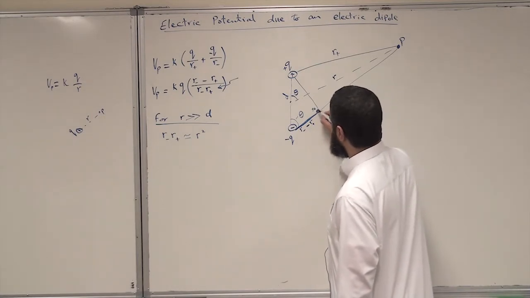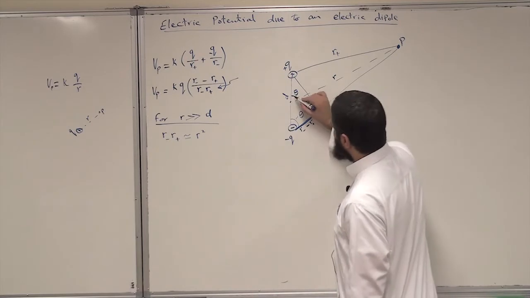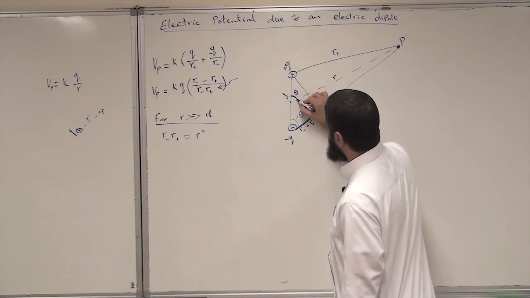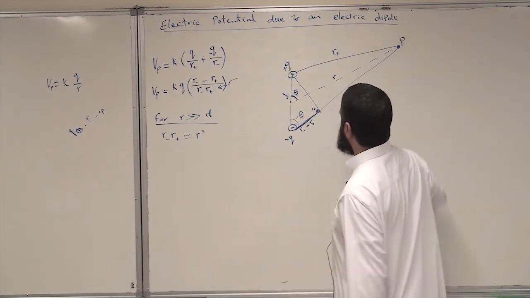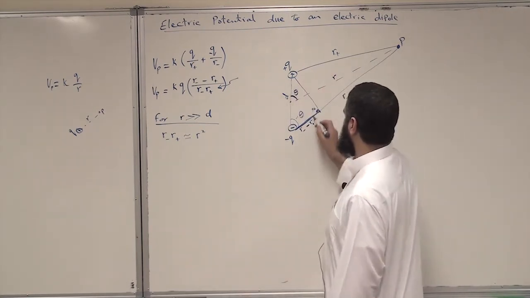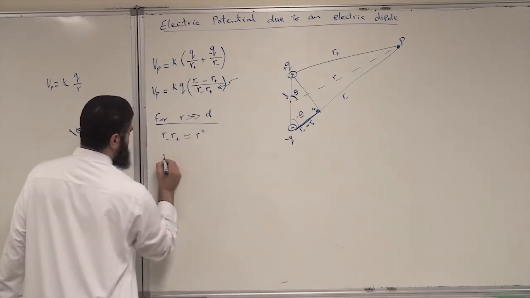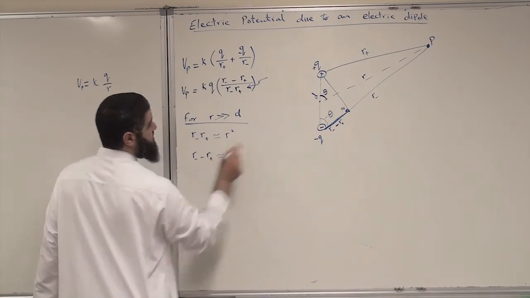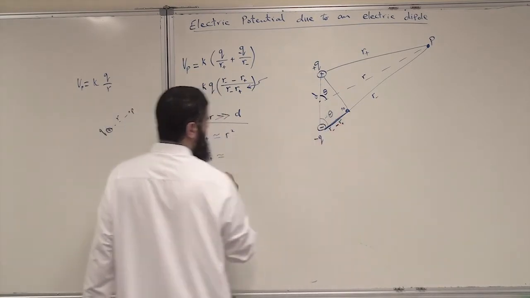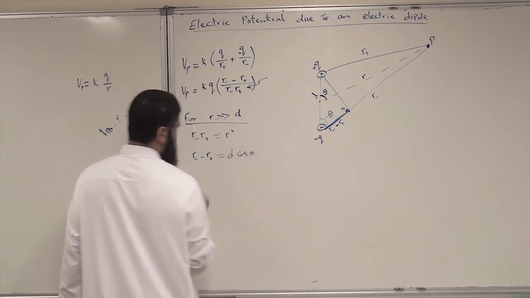This is 90 degrees, and here we have the distance d. If this angle is theta, it is approximately theta because of the large R compared to d. From trigonometry, this separation R minus minus R plus is approximately d cosine theta.